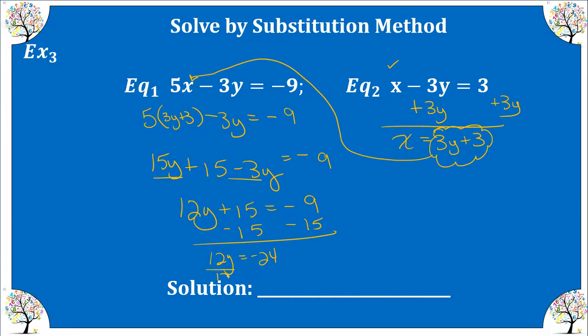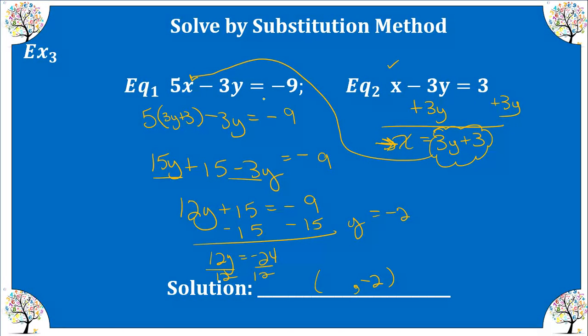And now we're going to divide each side by 12. And our y value is -2. So again, be very careful to put it in the right location. So -2 is y. Now I'm going to go back to the equation and plug in -2 for y.